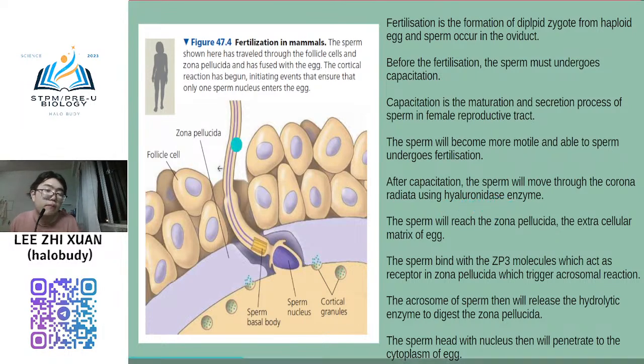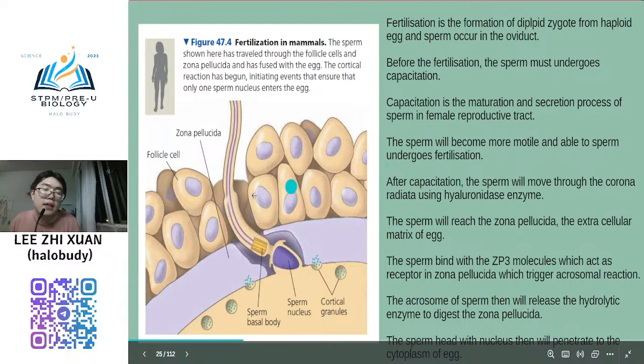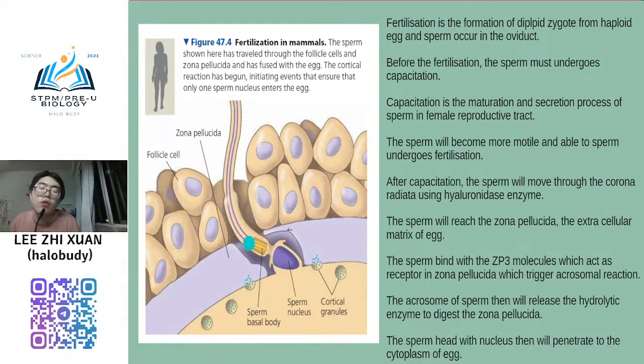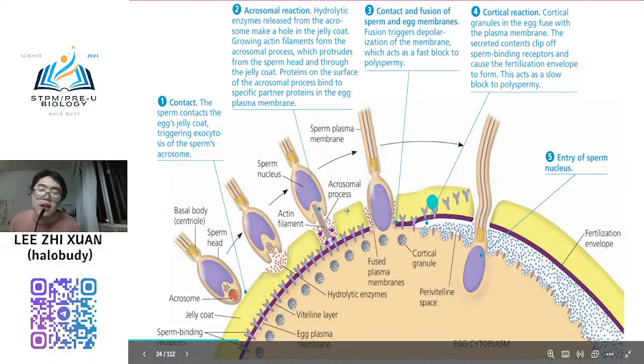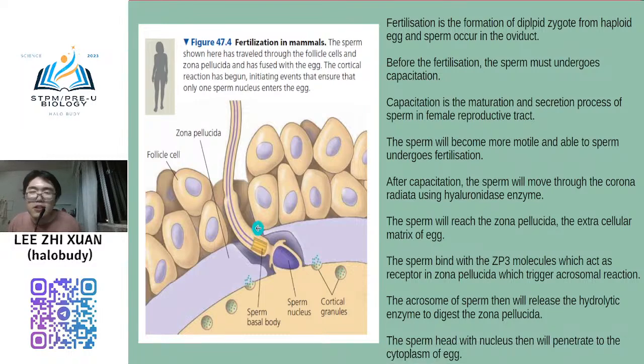So this one we call, in human, the ovum, compared to this jelly. This one is a jellyfish. Jellyfish actually contain a jelly coat. But for human, we do not contain jelly. We contain cells known as the corona radiata.